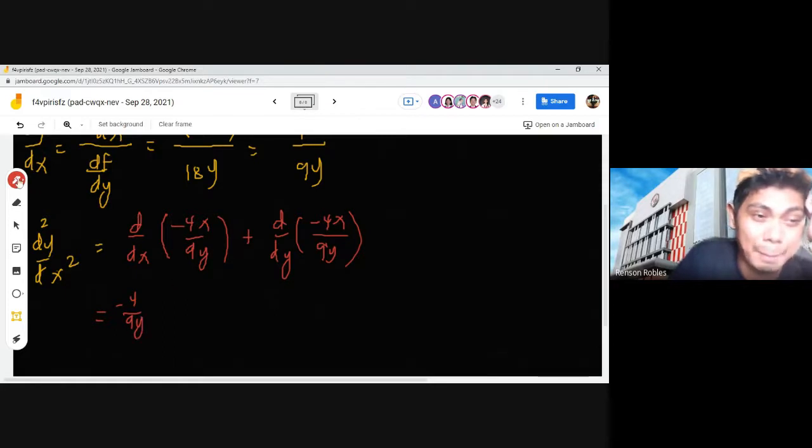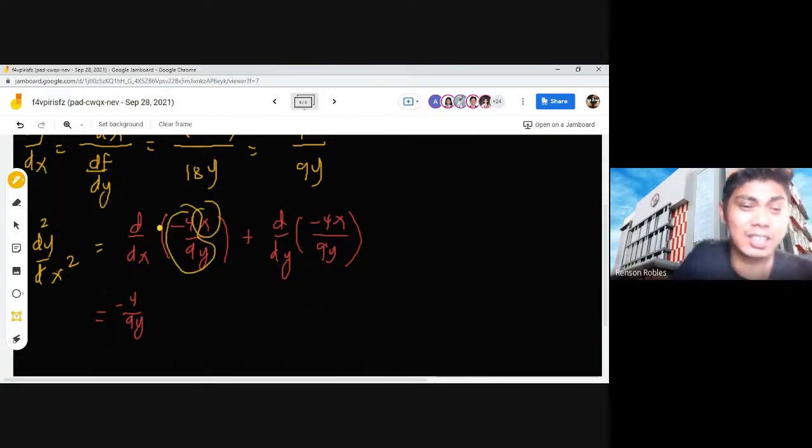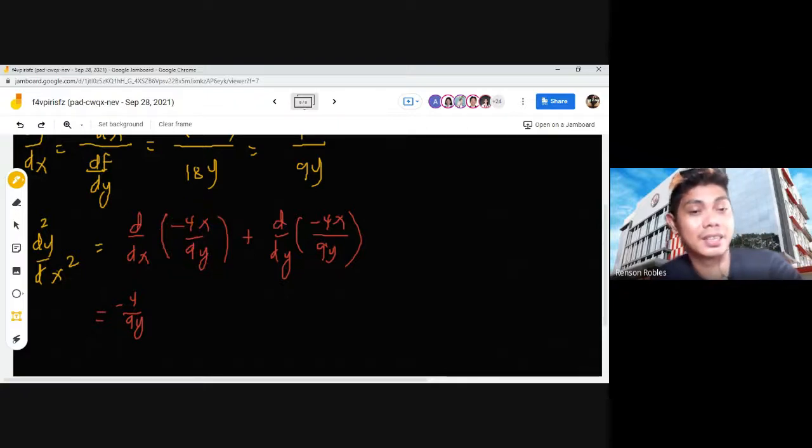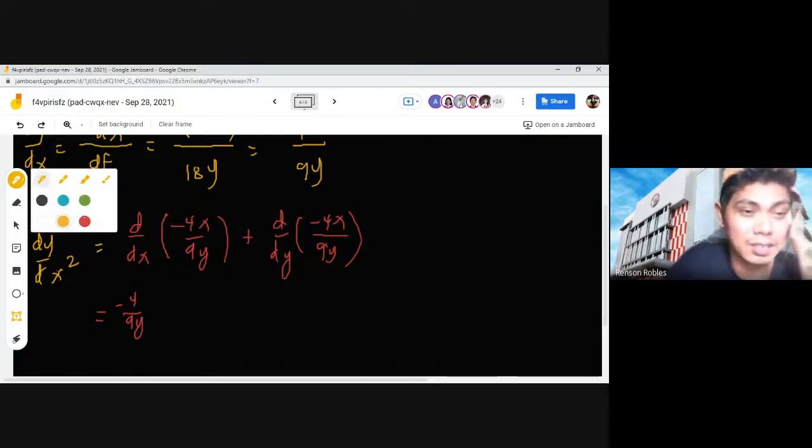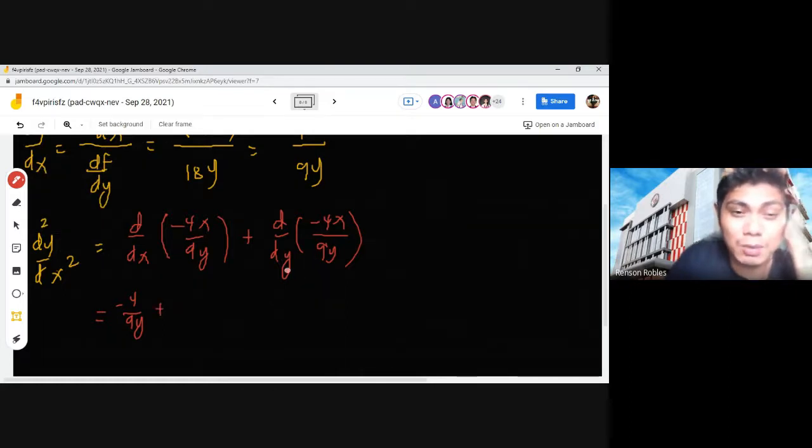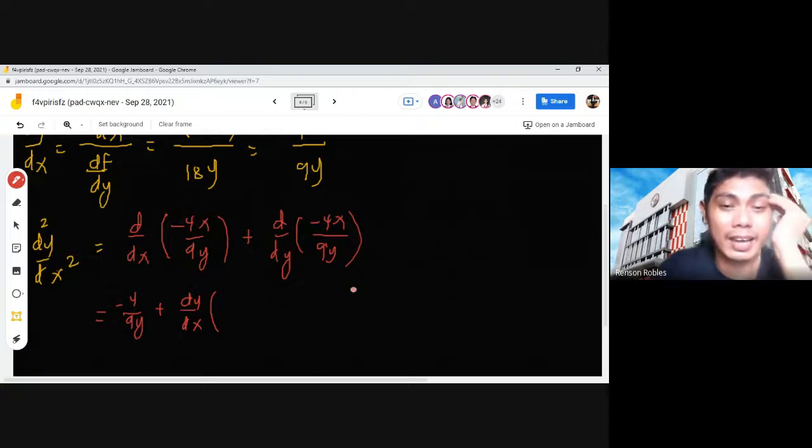You will just copy this and then differentiate x. Okay? Then plus. Okay? Since you are differentiating with respect to y, you will affix dy/dx or y prime. And then you now differentiate this in terms of y. Go.